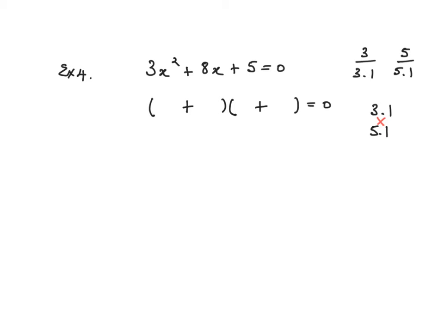Now let's just see. 3 times 1 is 3. 5 times 1 is 5. From a 3 and a 5 I can get my desired 8. Now how do I take these numbers here and put them into the brackets? 3 and 1, so 3x and 1x, and then 5 and 1.